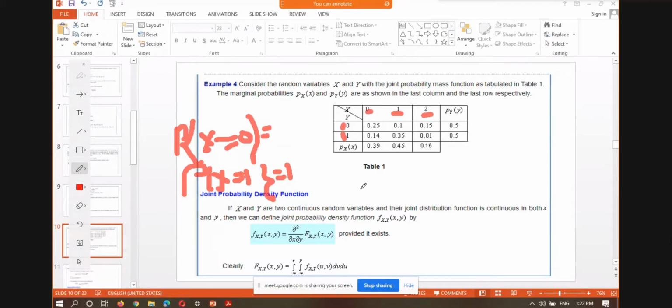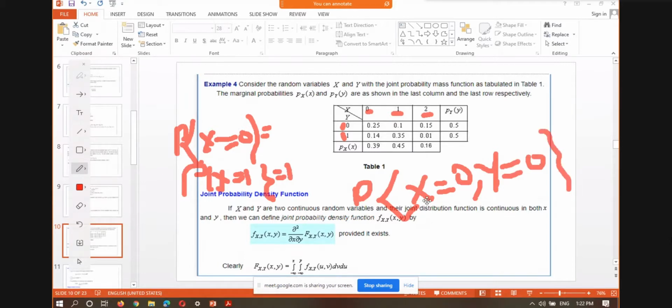Now we have to calculate the probability, like what is the probability that X equals 0 and Y equals 0. To depict this probability, we have written it in the form of a table: when X takes the value 0 and Y also takes the value 0, this probability is 0.025.